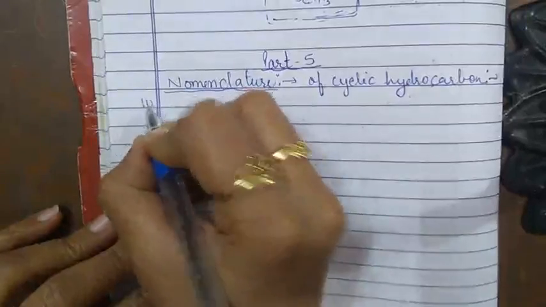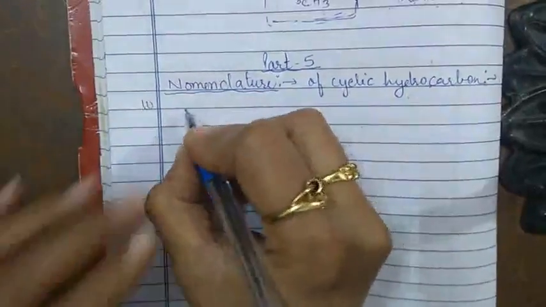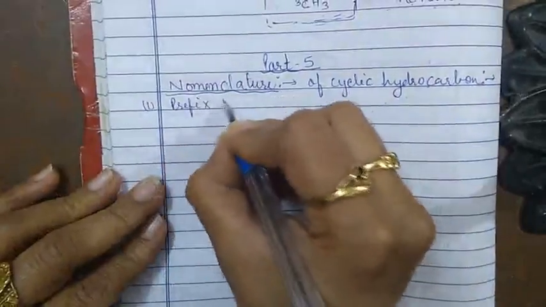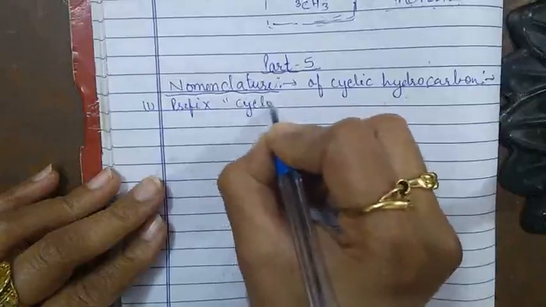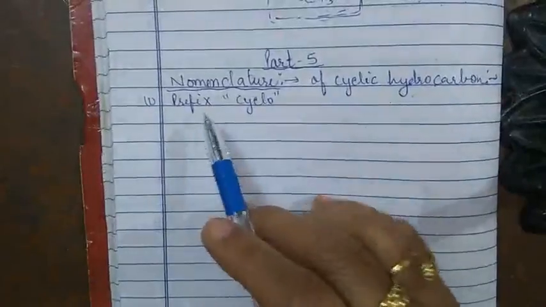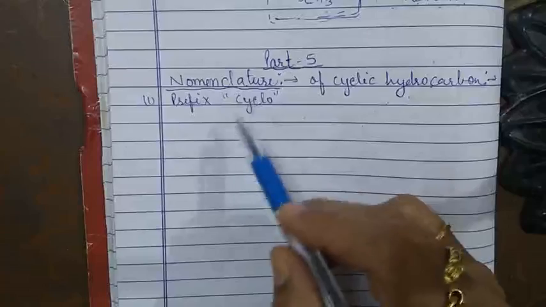The first rule is the prefix, and the prefix is cyclo. So for naming the cyclic hydrocarbon, we use the prefix cyclo.